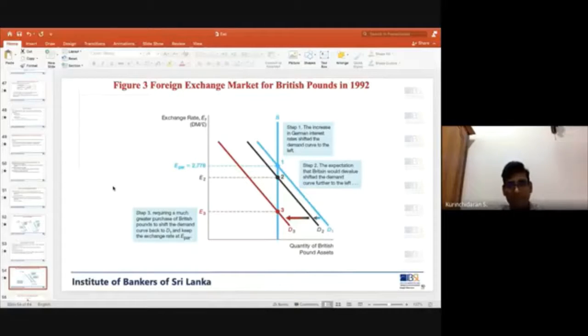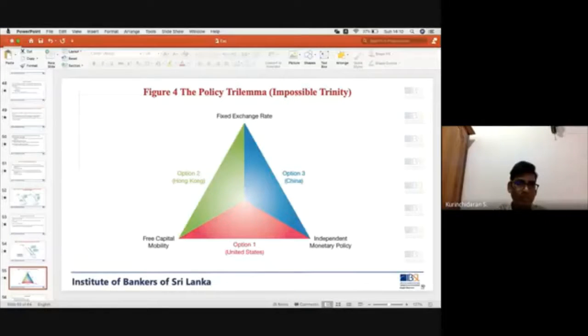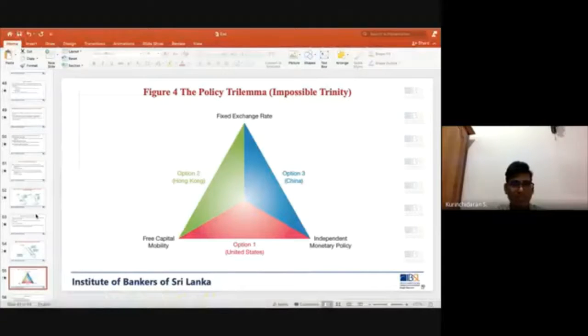This is the problem when you have a fixed exchange rate: you always have to work to keep the exchange rate stable. Clear? Up to now, any question? This may be technically very difficult to understand, but you can ask any question, you can send a message. Yes, I can explain those.